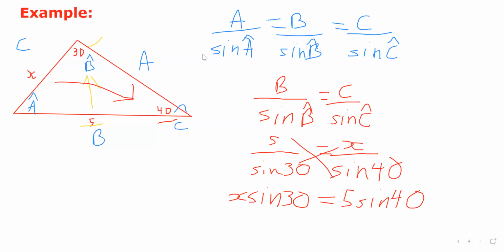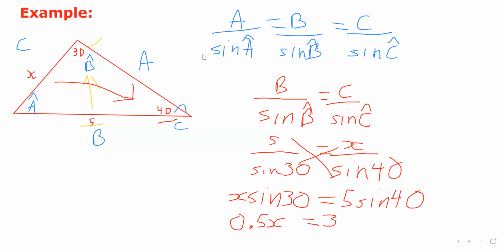So we can simplify this in our calculator. So sine 30, I believe, is 0.5. Let's see. Yes. So you end up with 0.5 x. What is 5 sine 40? 5 sine 40 is 3.2. My calculator is in degrees, just in case you get different answers. If you calculate in radians, you will get different values.